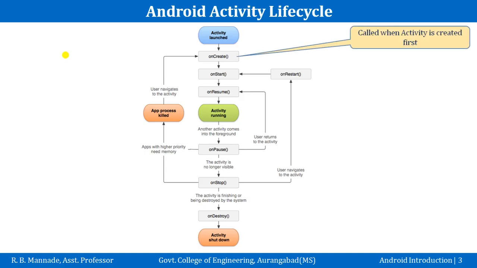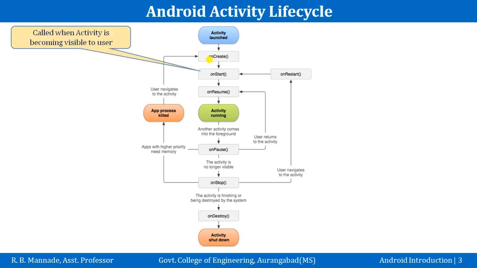After the activity is launched, the first function which is called is the onCreate function. In C, C++ or Java, the entry point of a program is the main function. Similarly here in Android, the entry point of an Android program is the onCreate function of that particular activity.